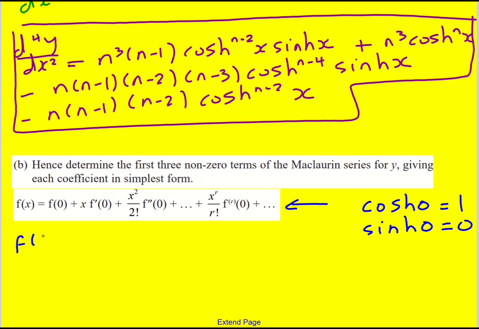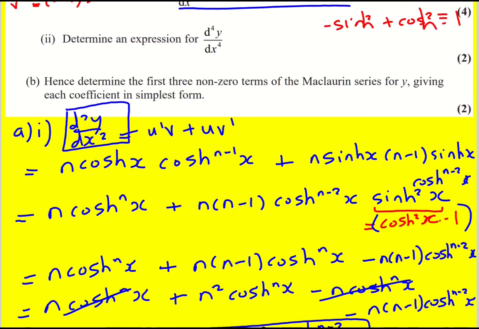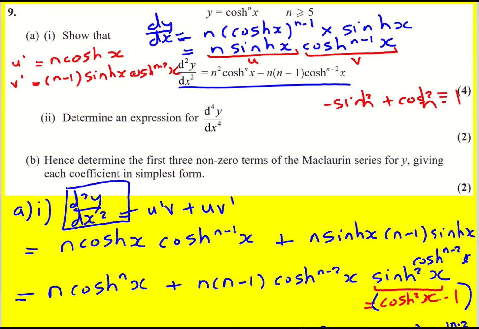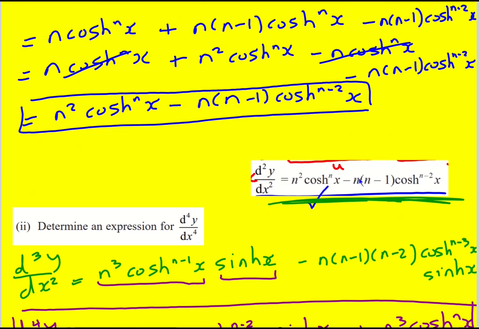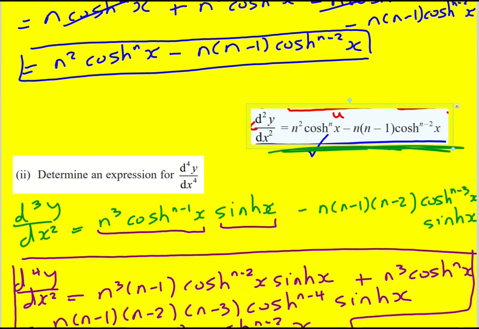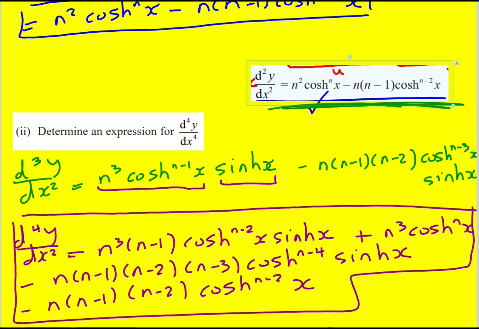So let's work these things out. f of 0 is going to be cosh of 0 to the power of n. Well, that's just going to be 1. f dash 0, the first derivative. We worked it out here. Because it's got sinh x in the product, doesn't matter what the rest of it is, we're going to get 0. And we're also going to get 0 for the third derivative, by the way.